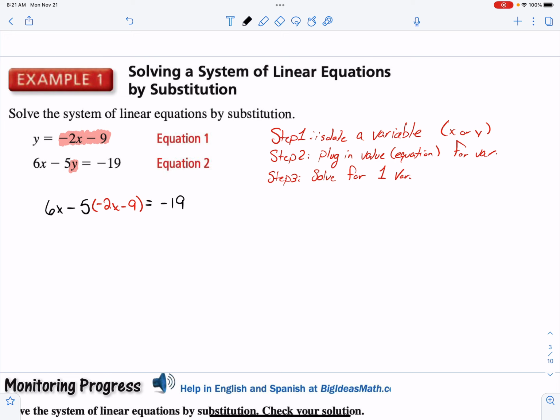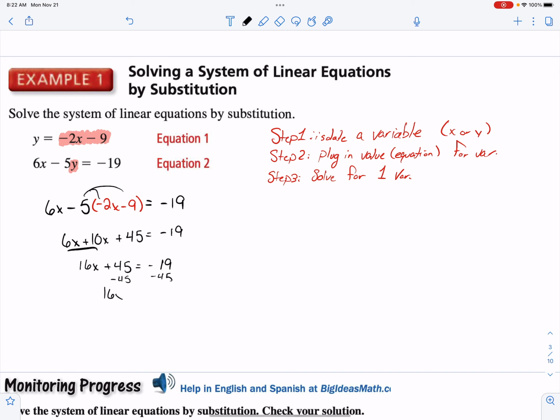Once I have that, now I have one variable to solve for, so I can distribute. I get 6x plus 10x plus 45 equals negative 19. We combine like terms. We have 16x plus 45 equals negative 19. We subtract this 45 over.